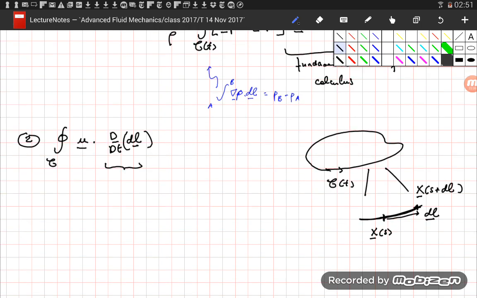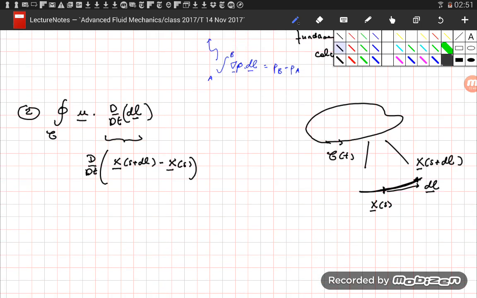So the material derivative of dl is equal to the material derivative of x at s plus dl minus the material derivative of the position vector at s. But what is the material derivative of the position vector on a contour which is moving with the flow?